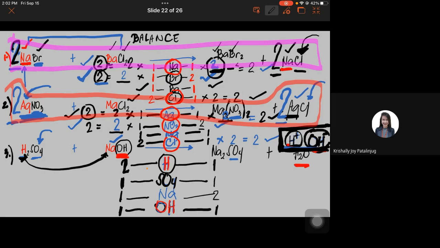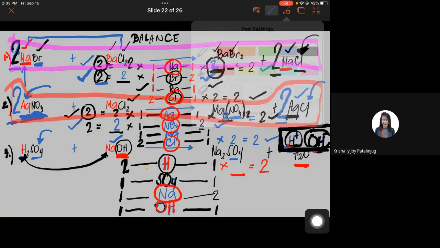Okay, let's balance. Encircle the atoms not balanced. So you have hydrogen and sodium. You can start with the first listed atom, hydrogen. So you multiply a coefficient here to make it 2.